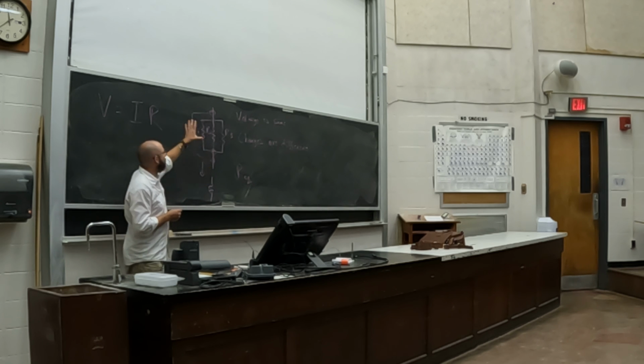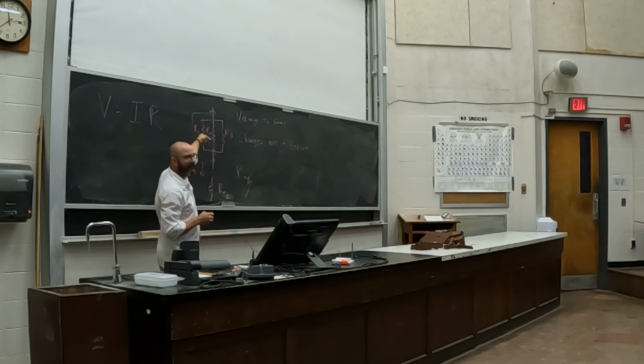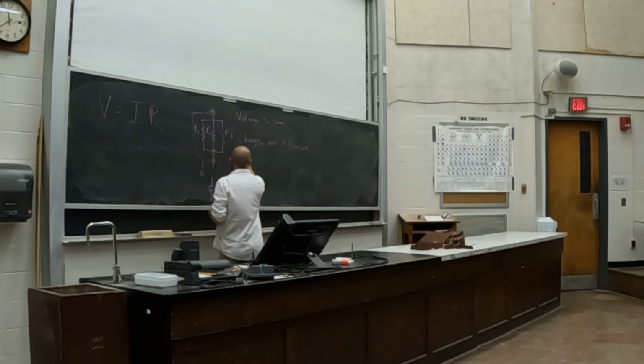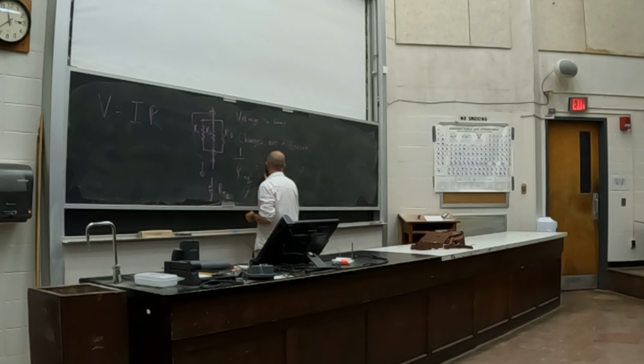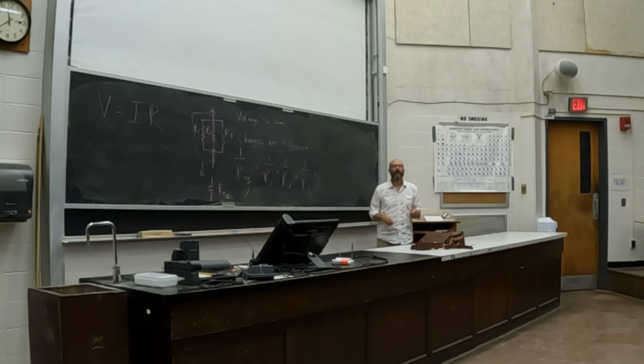Same idea here. There is some system for which this acts just like this. And the rule is here. 1 over R equivalent is equal to 1 over R1 plus 1 over R2 plus 1 over R3 plus dot dot dot. Right?